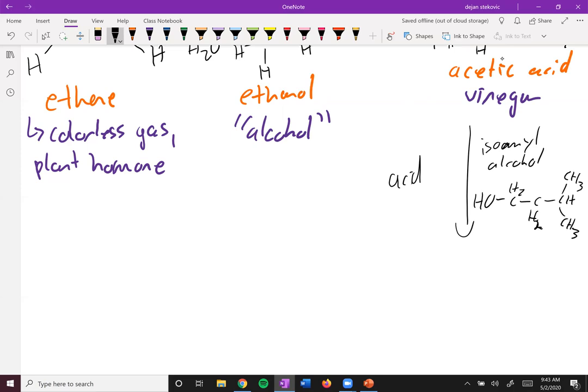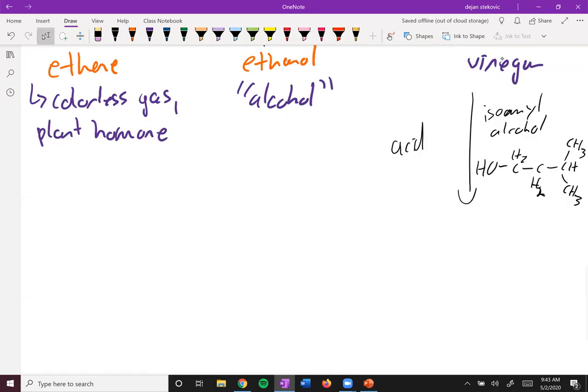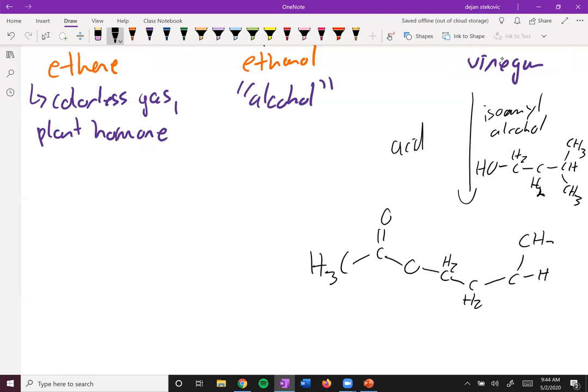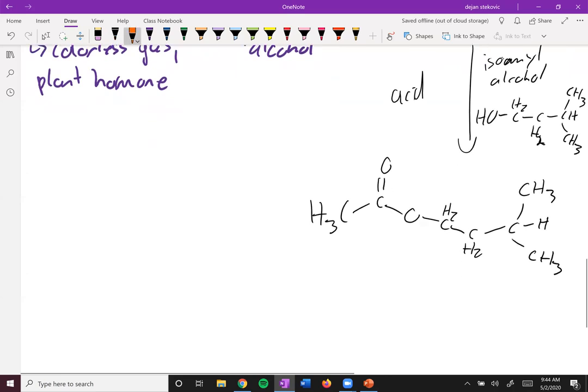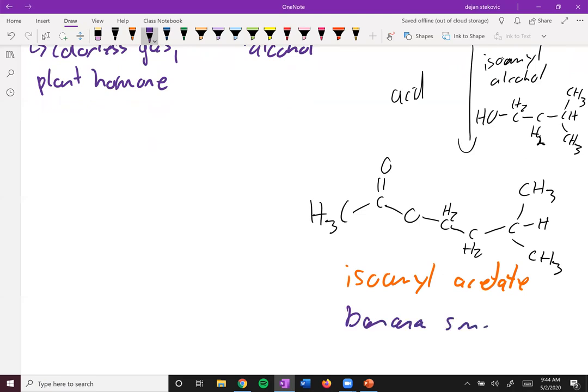We could form what's known as isoamyl acetate, which looks like this. And so this is what gives bananas their smell, and is used as an artificial smelling agent to make a lot of things smell nice.